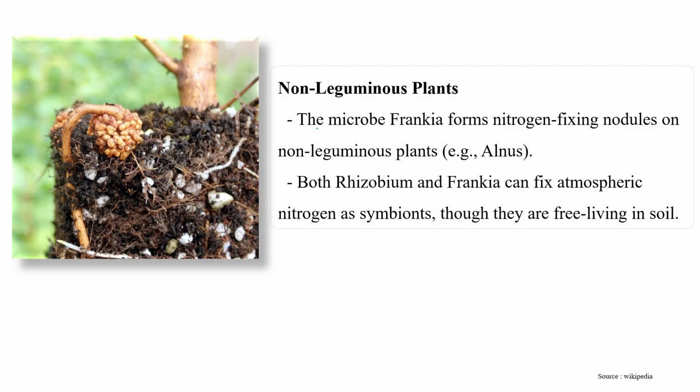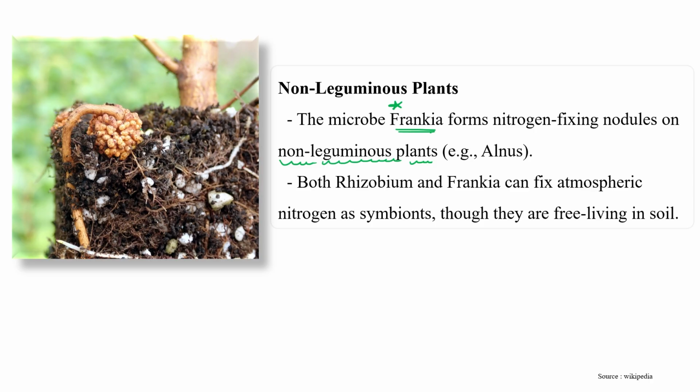Non-leguminous plants are also able to fix atmospheric nitrogen, in which a microbe known as Frankia is involved in fixing nitrogen in non-leguminous plants. So Frankia is a type of microbe which forms nitrogen-fixing nodules.